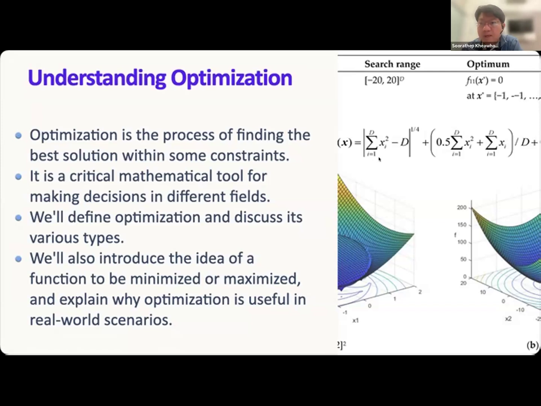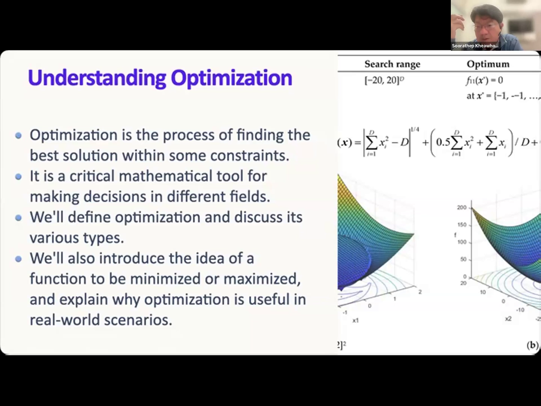For example, we are allowed to move a variable in a certain range. That is our constraint. Or the variable must satisfy some criteria, that is a constraint. So we consider minimum, maximum, and constraint at the same time.